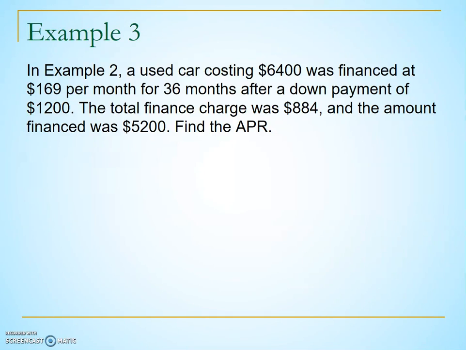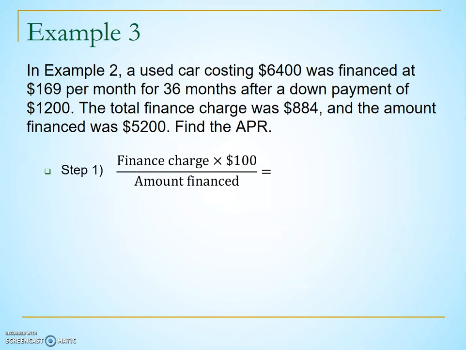We found the total finance charge to be $884 and the amount financed to be $5,200. To estimate the APR using the APR table, we first multiply the finance charge of $884 by $100 and then divide by $5,200, the amount financed. This gives us a value of 17. Now that we have this, we can go to the table.